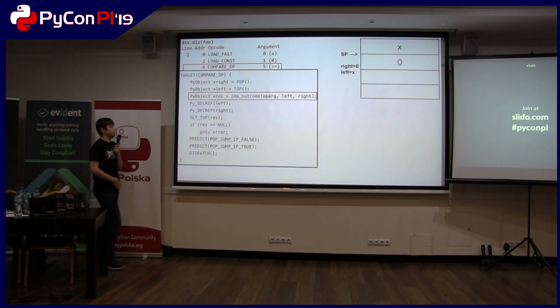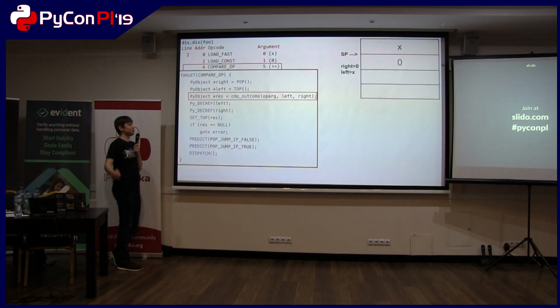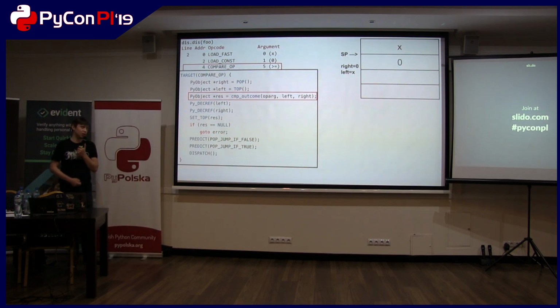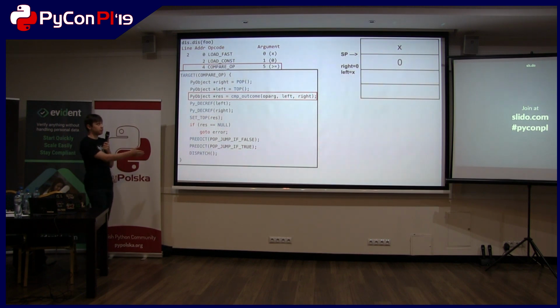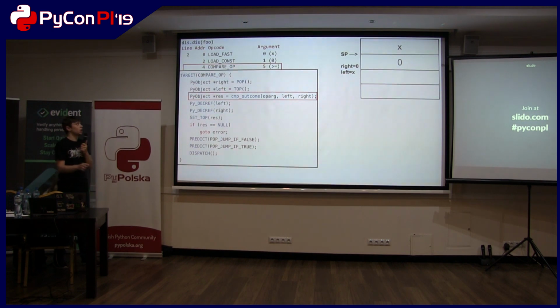Then we have the CMP outcome function, which we will jump into, and there will be a lot of code. Probably the most of this presentation. Whenever you are comparing 2 values, there is tons of code that needs to happen just because of tag typing.